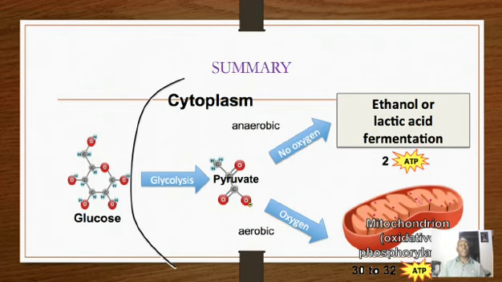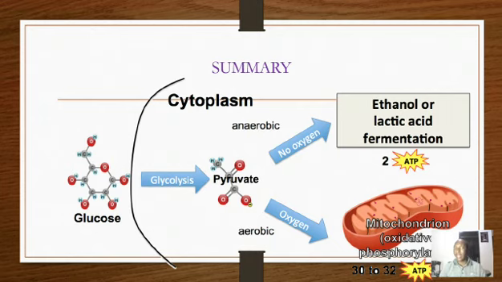In other words, for a glucose molecule, when it enters the cell, particularly into the cytoplasm of a cell, glycolysis occurs, leading to formation of pyruvate or pyruvic acid.